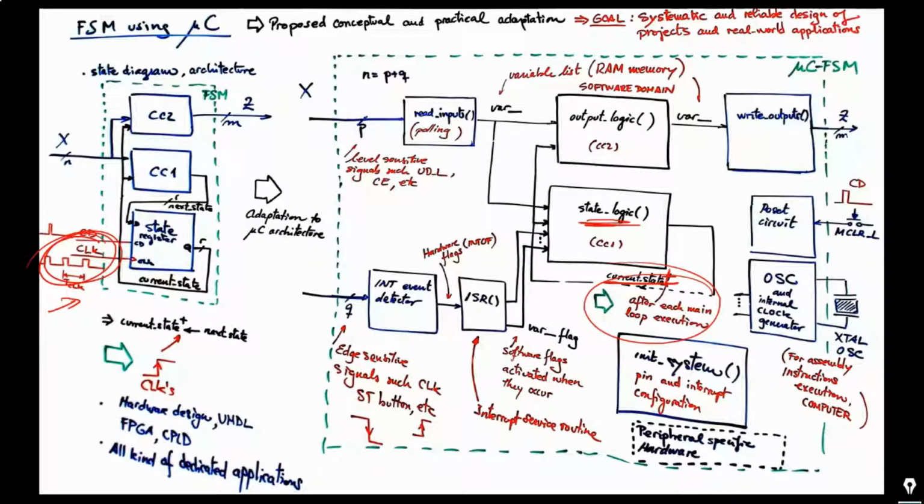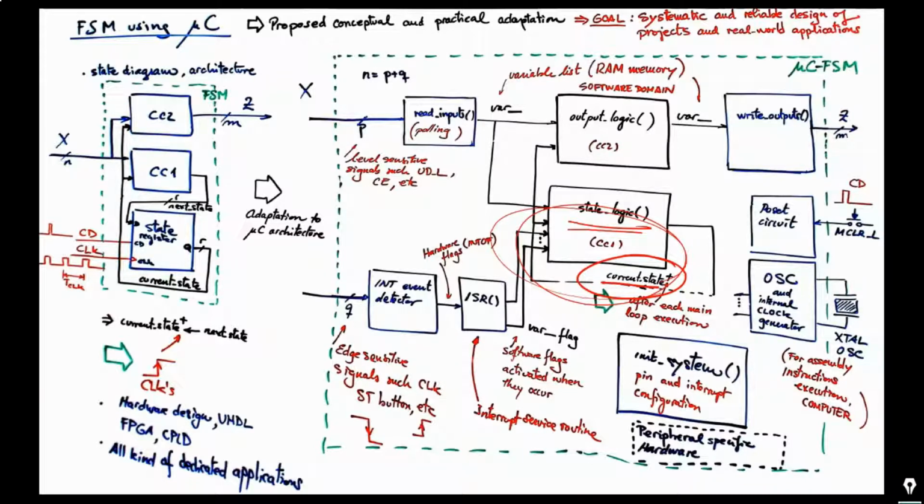And because this is by means of a software loop of instructions, the larger the instruction set, the larger the number of instructions included in the software, the larger the loop, so that is going to impact the update ratio of the current state. That is the difference. So this updating of the current state, I insist on this, is happening every time that you are solving a state logic in software.